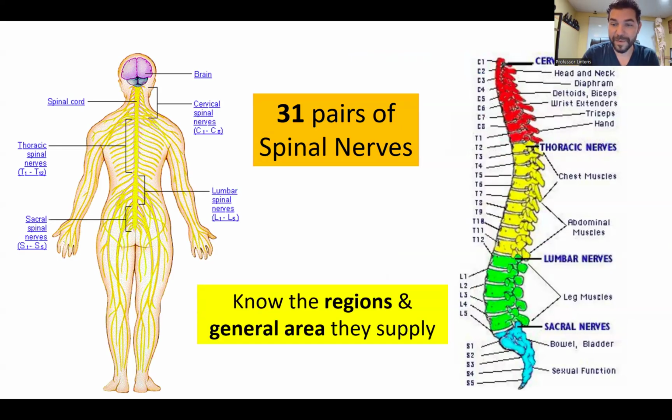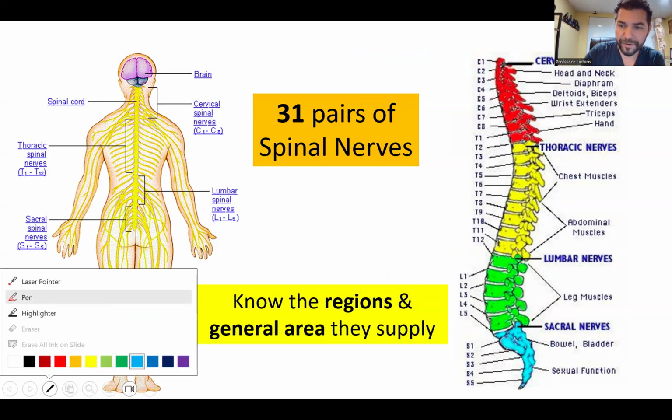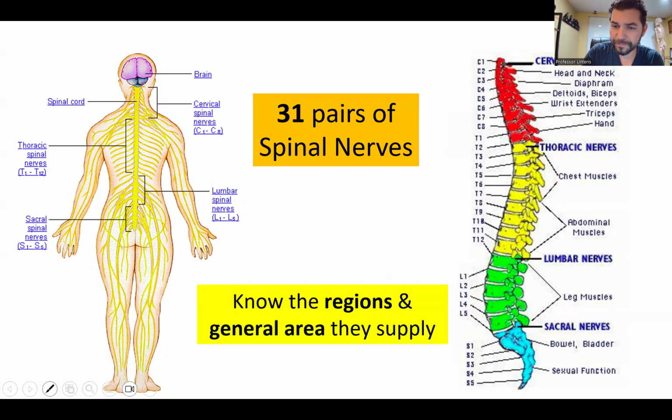We have lots of spinal nerves, and you should have a generalized idea of if there's an area, where did these nerves run to, right? So I will highlight a few. Your cervical nerves will go to the upper regions of the body. Head, neck, shoulder, arms, right?